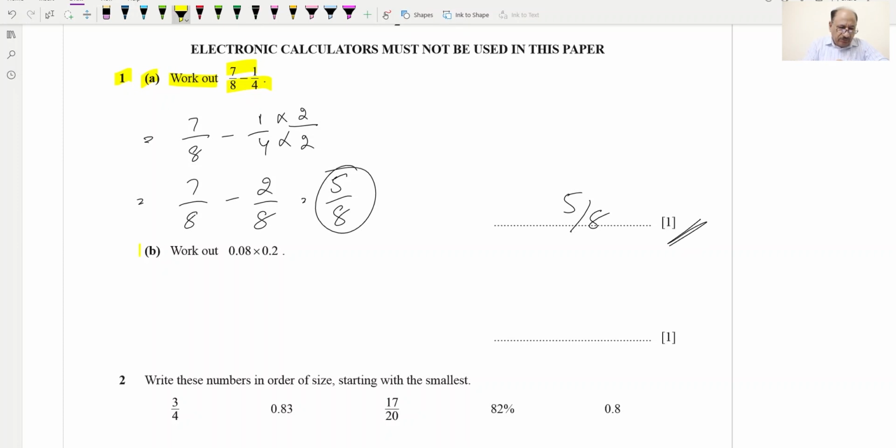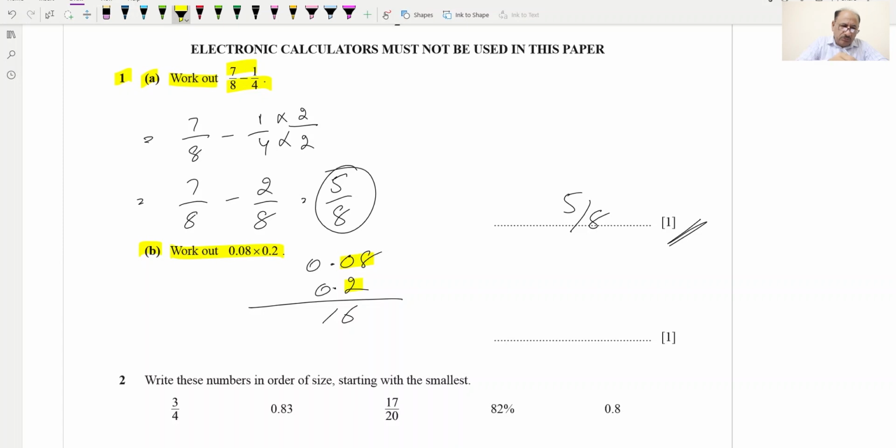Now for the second part, B part, we have to work out this: 0.08 we have to multiply by 0.2, and ignore the decimal and just multiply the numbers. So 2 8s are 16. Now we can count the digits on the right of the decimal: there are 2 and 1, 3 digits.